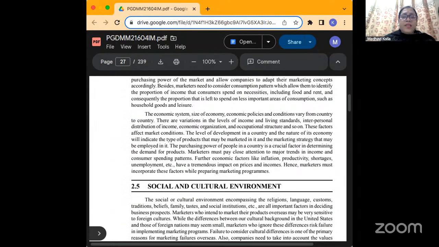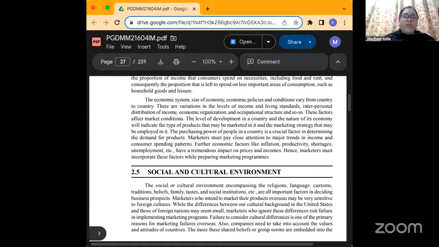So the economic system, size of economy, economic policies and conditions vary from country to country. There is no single stroke for every country. Everyone has their own system of economic importance, economic regulations, and also the kind of living standards that are expected or standardized in that particular country.